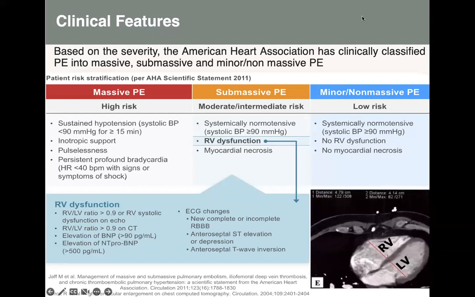Minor or non-massive pulmonary embolism is when they are systemically normotensive, with systolic blood pressure of 90 millimeters of mercury or more, but there is no right ventricular dysfunction or myocardial necrosis.